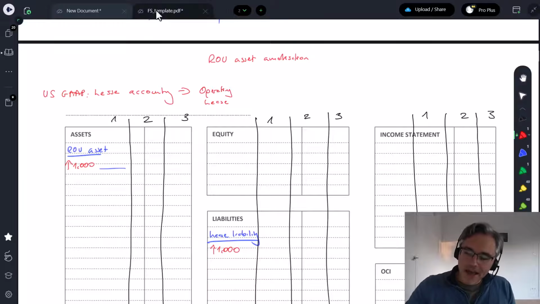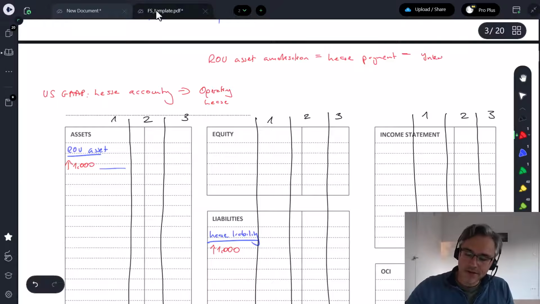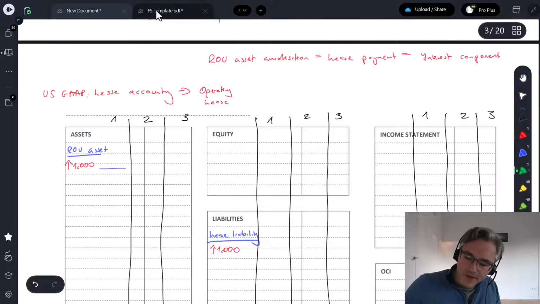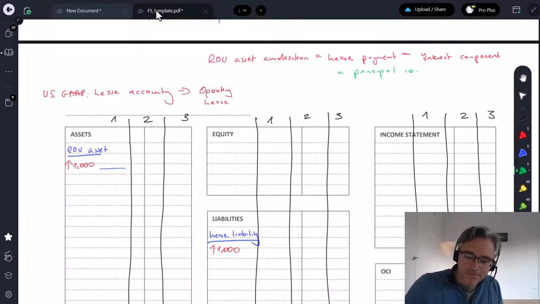The amortization of the asset is going to be equal to the lease payment minus the interest component contained in it. And if you deduct the interest component from the lease payment, you arrive at basically the principal component.